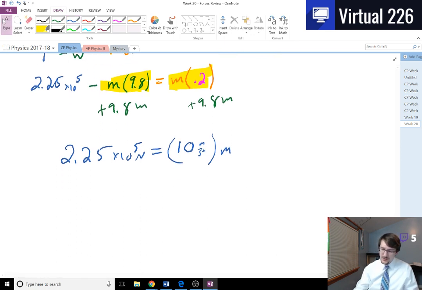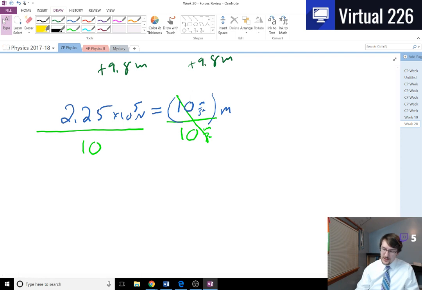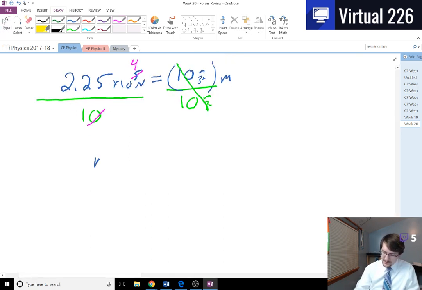To solve this, we just divide by the 10 meters per second squared. We don't even have to use a calculator. When we divide by 1 we get the same number, but since there's a 0 from the 10, it just cancels out one of our orders there. So our mass here is 2.25 times 10 to the 4 kilograms.